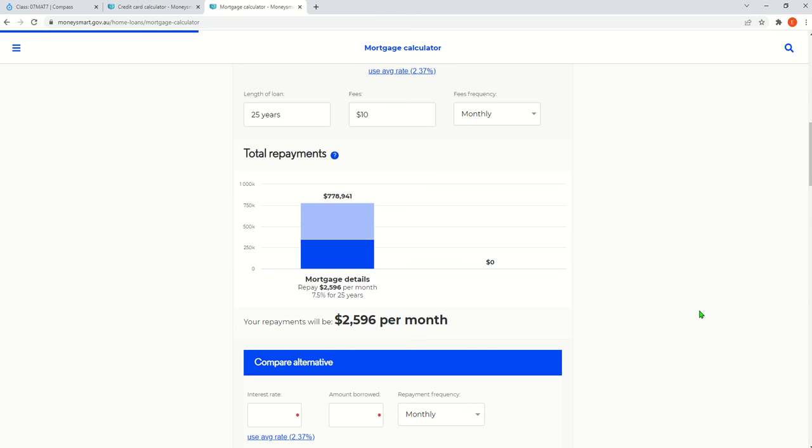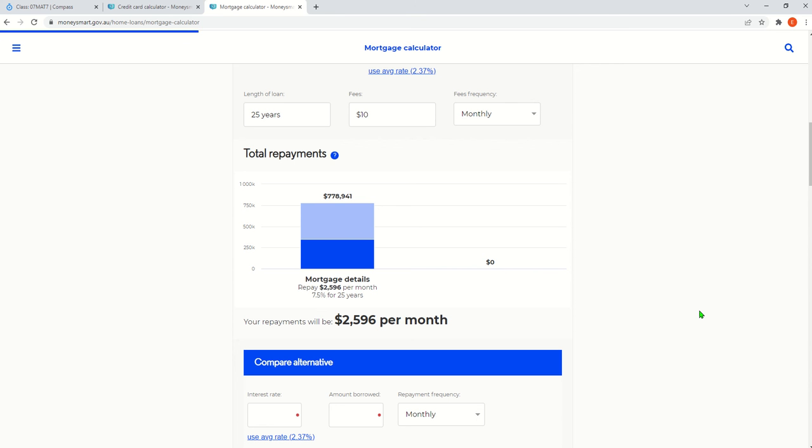And it tells me, underneath it says, this is my total, $778,941. It tells me how much I'm going to repay per month. So my first question, A, what are Tom's monthly repayments? You can just write in there $2,596 per month. So you can write that in under A. That's what this website has just told us.